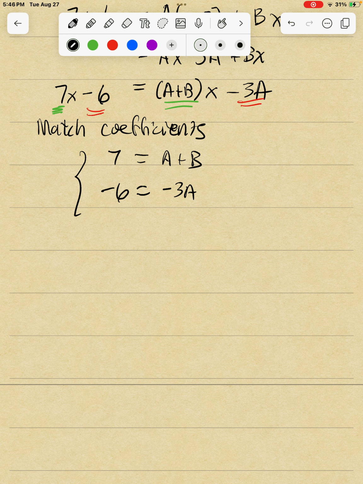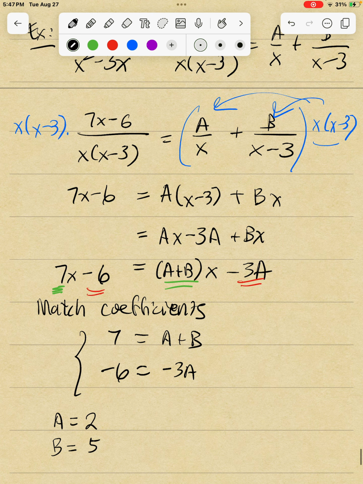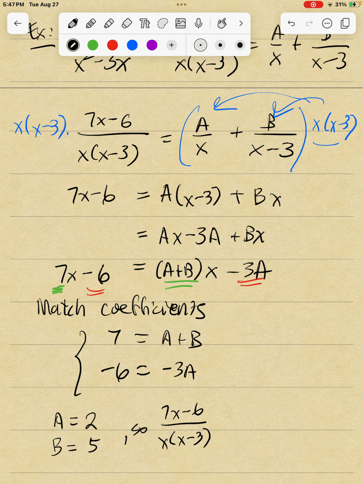This second equation tells us that a is equal to 2. And if you plug it back into the first equation, what do you get? 5, right? So a is 2 and b is 5, and that's what we needed to figure out this decomposition. So 7x minus 6 over x times parentheses x minus 3 equals 2 over x plus 5 over x minus 3.